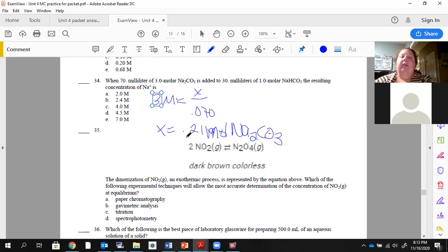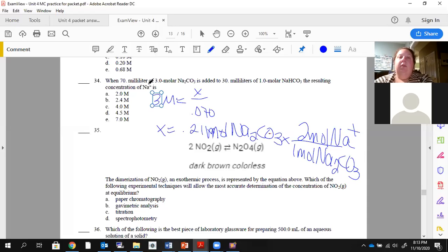Now in that 0.21 moles of sodium carbonate, I have 2 moles of sodium ions. So in 1 mole of sodium carbonate, I have 2 moles of sodium. So just from this solution, I've got 0.42 moles of sodium.